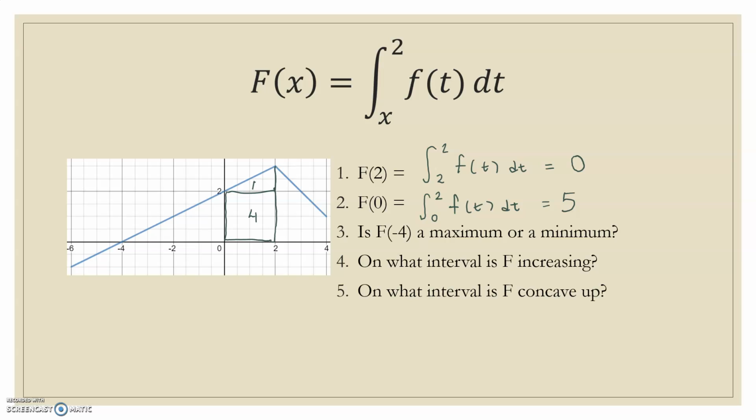Is f of 4 a maximum or a minimum? Well, we know that f prime of 4 might be 0. Let's do a little work on this function before we answer this question. So if I rewrite f of x a little bit, I have negative the integral from 2 to x, and then I'm going to take a derivative of that.